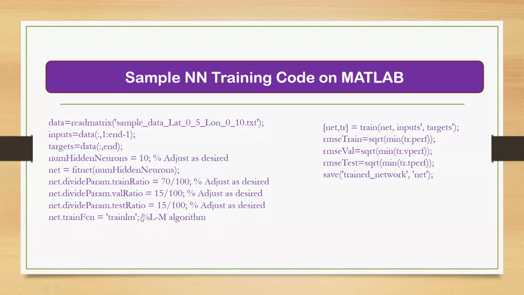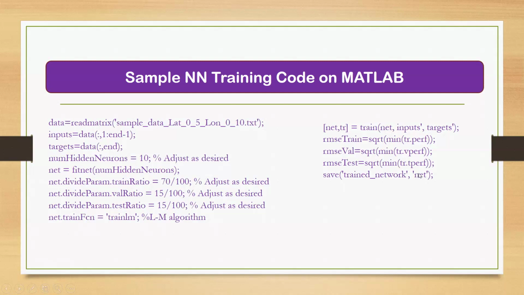These are some things in neural networks that the short time for this course will not allow me to talk about in more detail. And then here we are now training. The actual line that does the real training is this first line here. It's the actual code in MATLAB that does the neural network training using the inputs and the targets. And then here we are testing the data sets to produce the RMSEs from them.